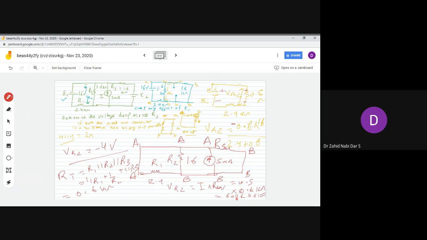This will be around 3000 into 10 power minus 3. So this 10 power minus 3 will go, and this becomes around 3 volts.